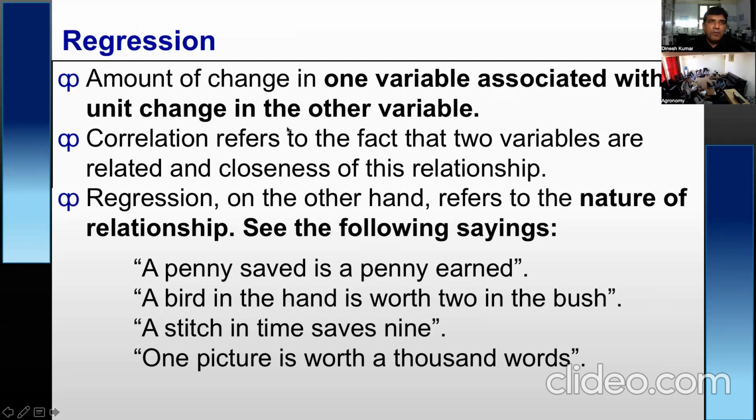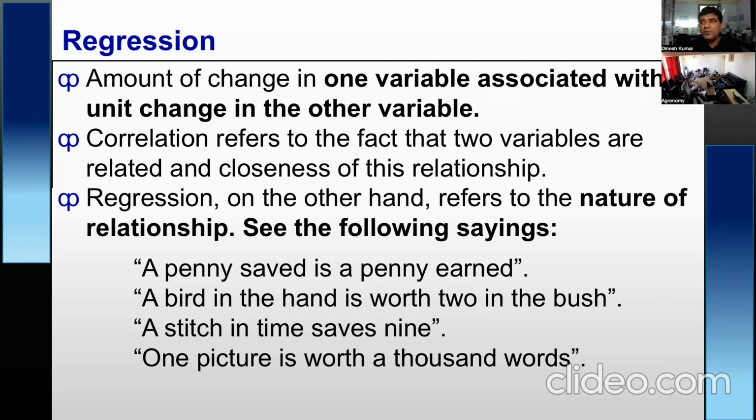If you make a 1 unit change in the X variable, how many units of change are there in the Y or dependent variable? This is called regression. Correlation refers to the fact that two variables are related. It will tell us whether two variables are related, and the closeness of the relationship. But regression analysis tells us the nature of the relationship.